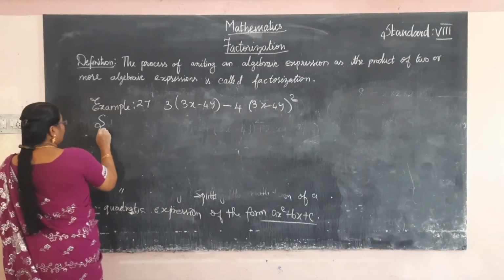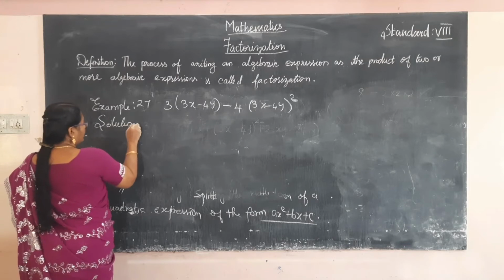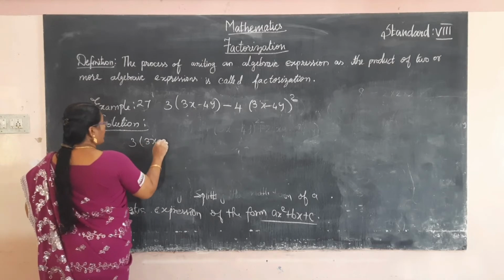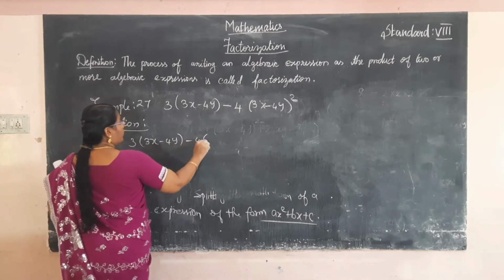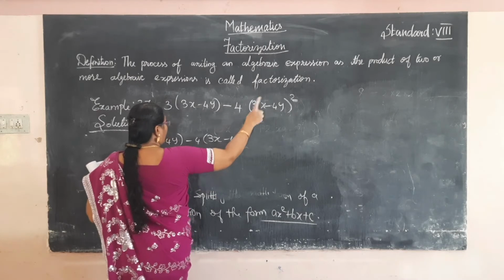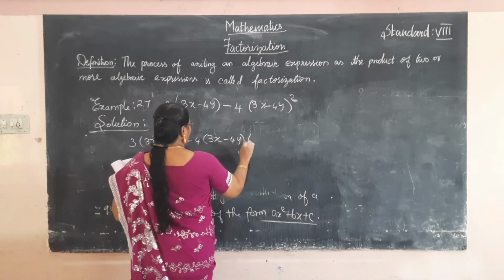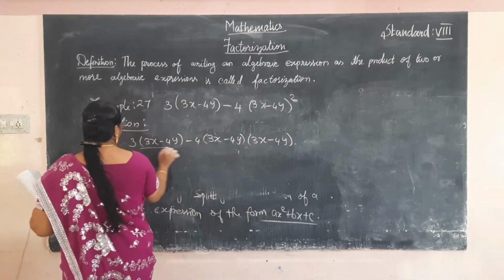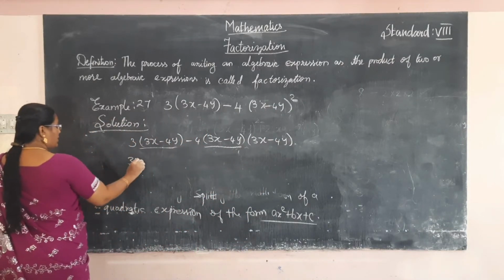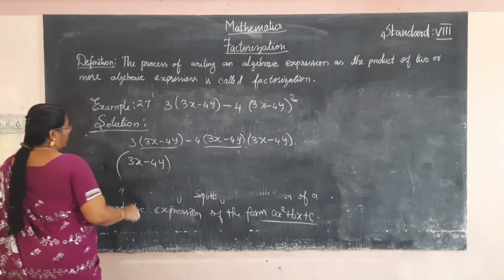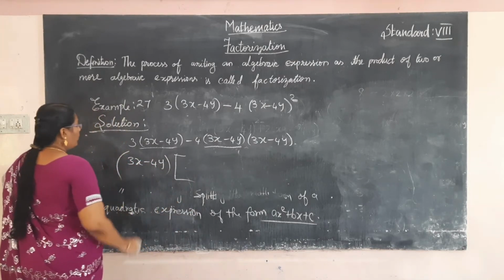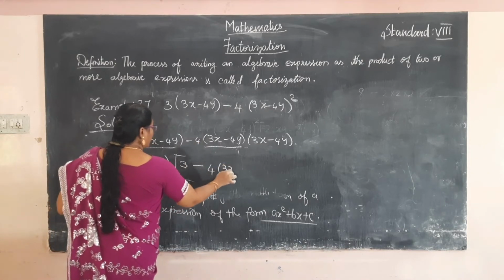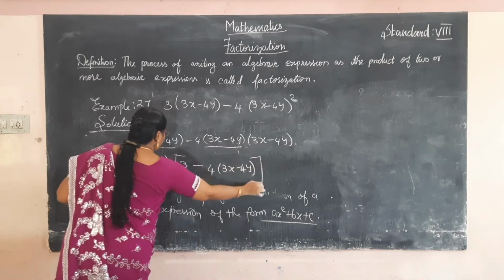Solution: 3(3x − 4y) − 4(3x − 4y) the whole square, meaning twice the times of (3x − 4y). So the common factor in both is (3x − 4y). And then what remains in the first term? 3, minus here 4(3x − 4y) only there.